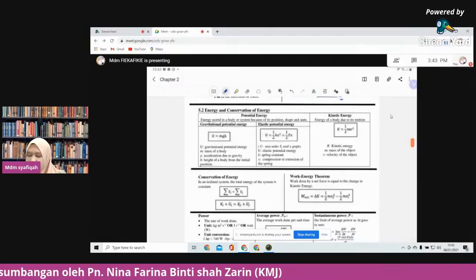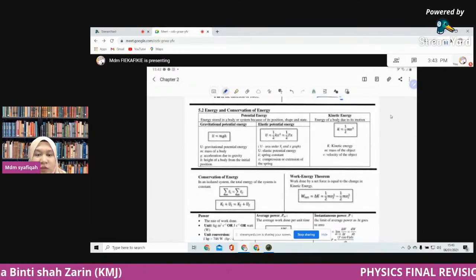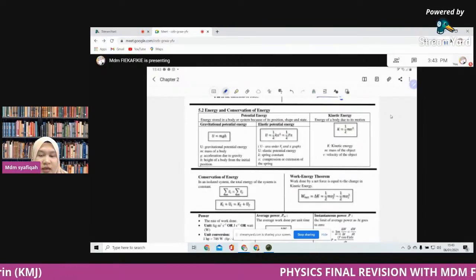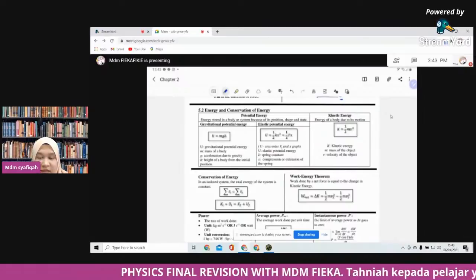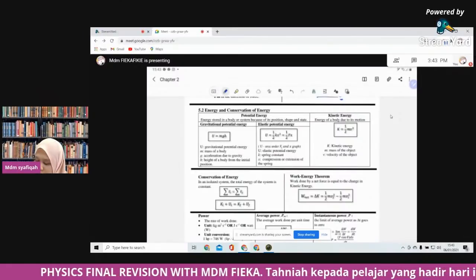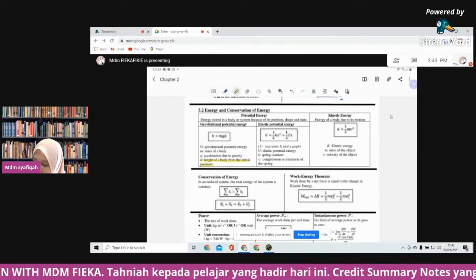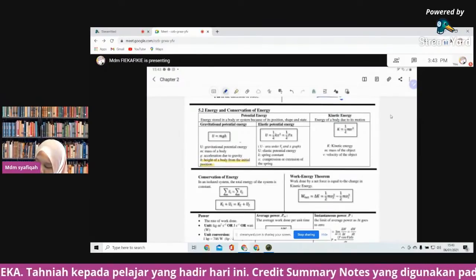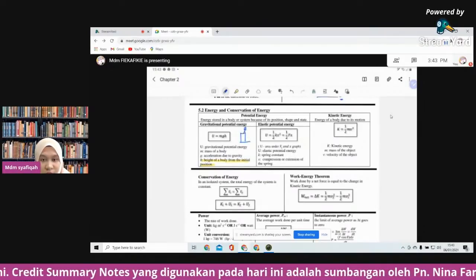Okay, so energy and conservation of energy. Okay, bila masa kita ada gravitational potential energy, okay, when the position of the body is at this certain height. Okay, contoh, inilah the height of a body from the initial position. Okay, contoh you dekat sini kan. Ini awak ni. Okay, this is you on the top of the building.